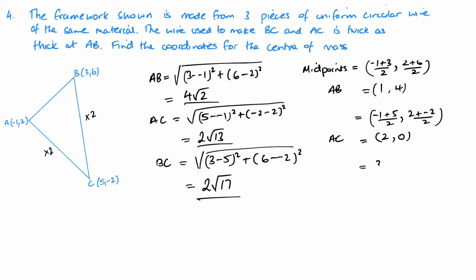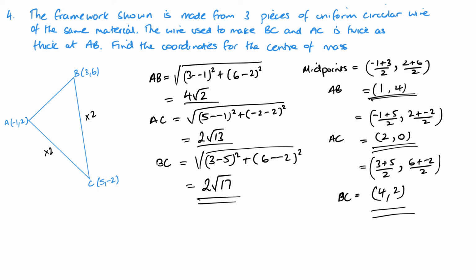So B to C, so 3 plus 5 over 2, 6 plus or minus 2 over 2. So this final one is BC, so 8 over 2 is 4, and 4 over 2 is 2. So now we've got the midpoints as well. So let me just double line everything that we're going to need.